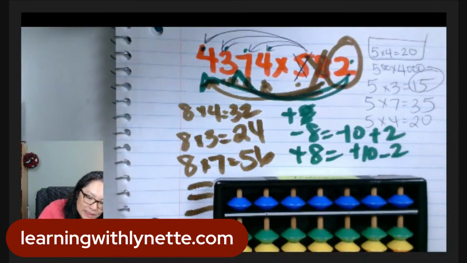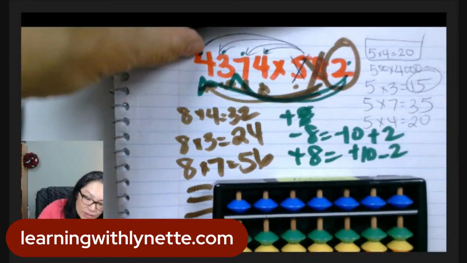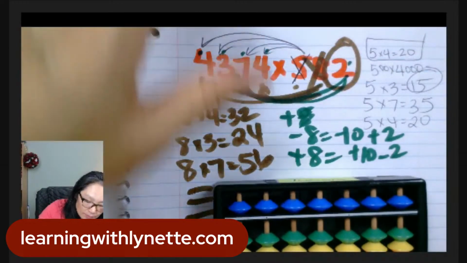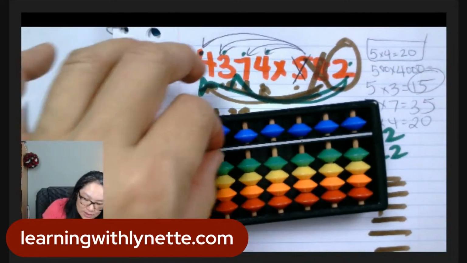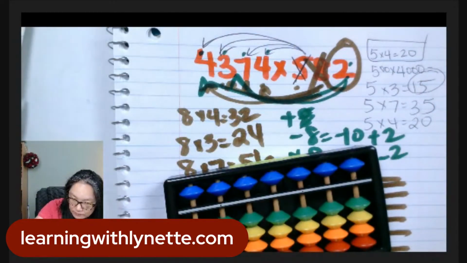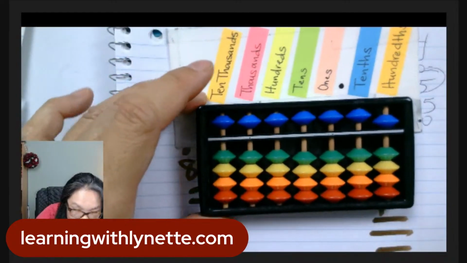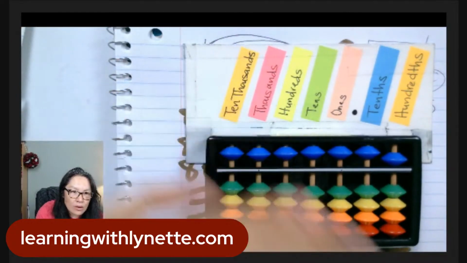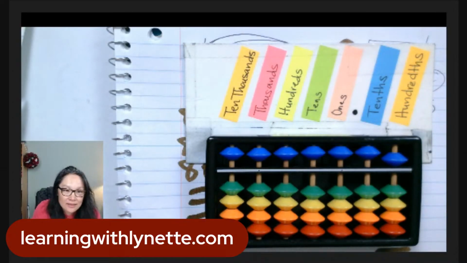But I think the 23 one is too much. I think 13 is a good number. 7 I think is too small. And that's a pity, because if you look, you can only go up to 10,000. So, yeah, that's too bad.